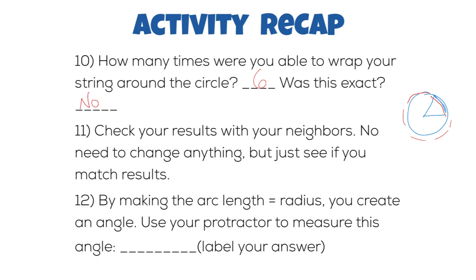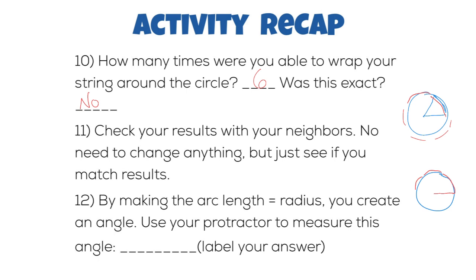Usually what happens is some people made it work out perfectly 6, mostly because they wanted it to work out perfectly 6, and so they kind of fudge it enough to make it work. But if you're very, very precise, you will learn that when you're making that circle, you're able to wrap that string once, twice, 3 times, but not quite make it all the way around.